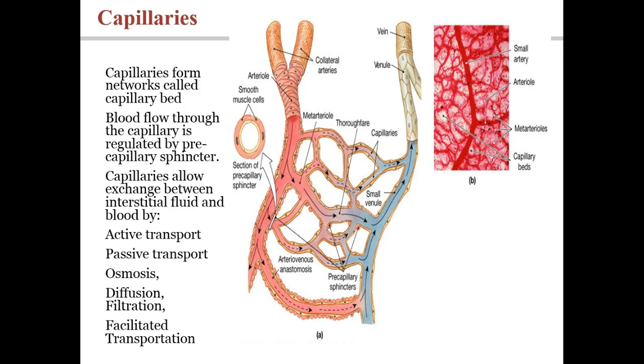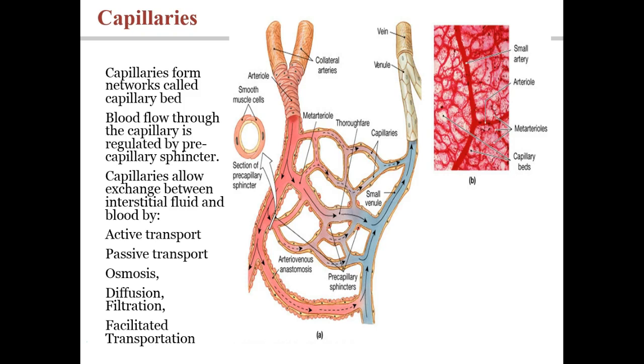This is where there's interchange between interstitial fluid, that's the fluid outside of the circulatory system, and the blood itself. Items get out of blood and into blood in various different processes. It can be active or passive transport. So active transport is going to require ATP. Anytime it's active transport, it's going to require ATP.